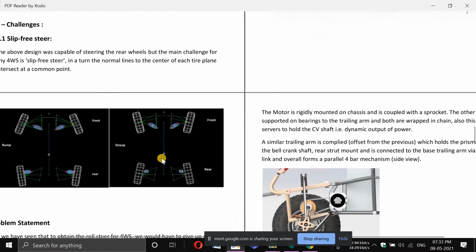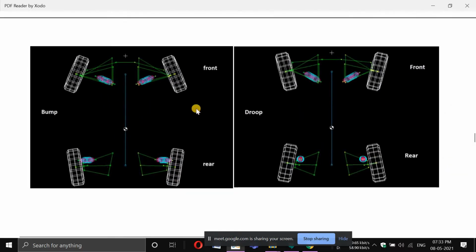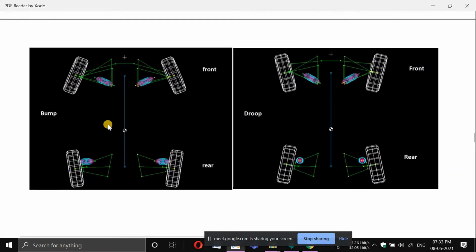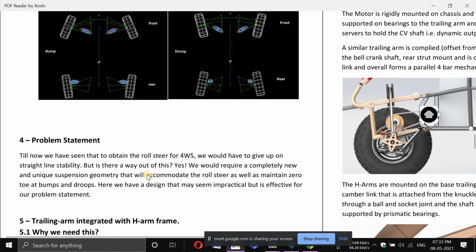This was the main issue, as you can see in this diagram. If both the tires go up in the bump, relative to the chassis, then both the tires will go outwards, and if both the tires go down relative to the chassis, they would turn inwards. This is the problem statement.